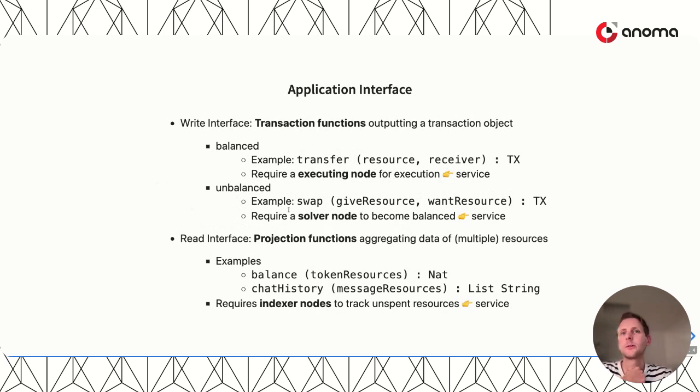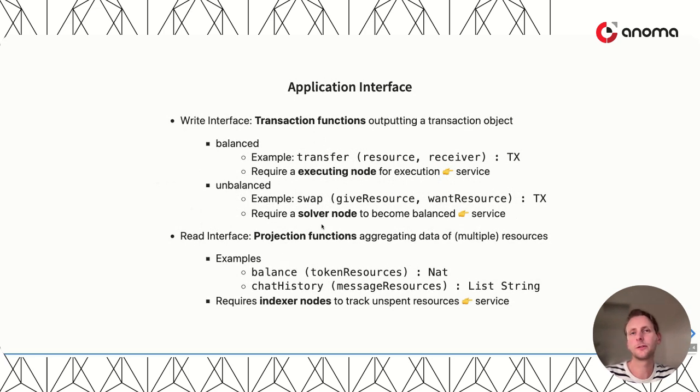In the case of an unbalanced transaction, like the swap function we discussed, the input would be the resource or resources you want to give and the resources that you want, maybe more parameters and more complex data structures indicating your preferences and optionality and whatever you want to think about. But the output would still be a transaction object. In order for this to become balanced, you would require the service of a solver finding a counterparty for you if you cannot find it yourself.